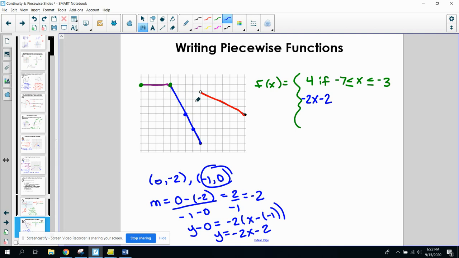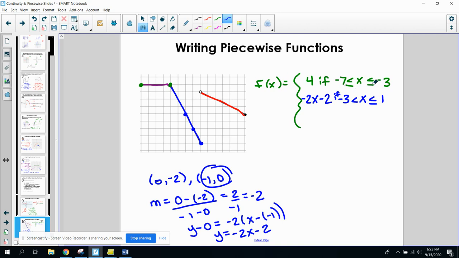So here we have a closed circle, and because the previous one had a closed circle, the blue function has to have an open circle at this point. So that's from -3. I'll put if here: -3 is less than x, and it includes this point, so less than or equal to 1.